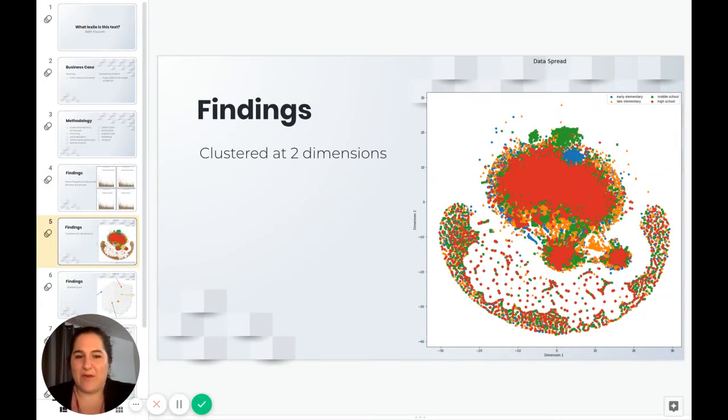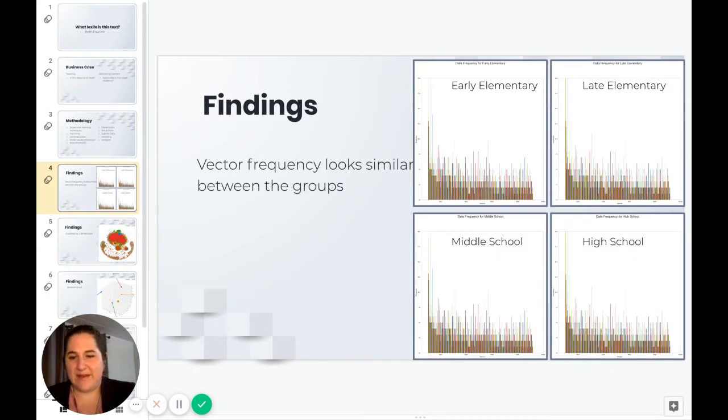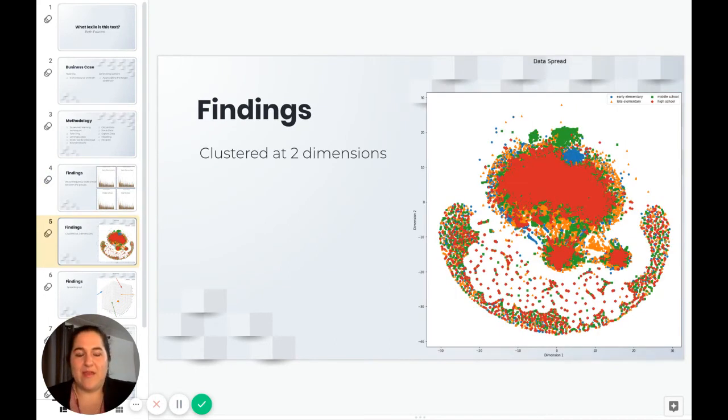Here I have for you data in one dimension. What does it look like, just the basic data? Then here I have 2-dimensional data. The red data is for high school, the green is for middle school, the orange is for late elementary, and the blue is for early elementary. And we're starting to see these different types of clusters.